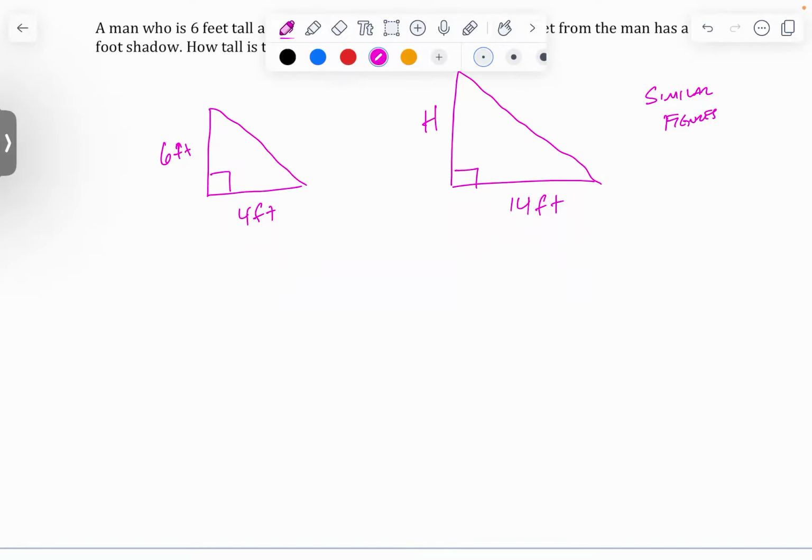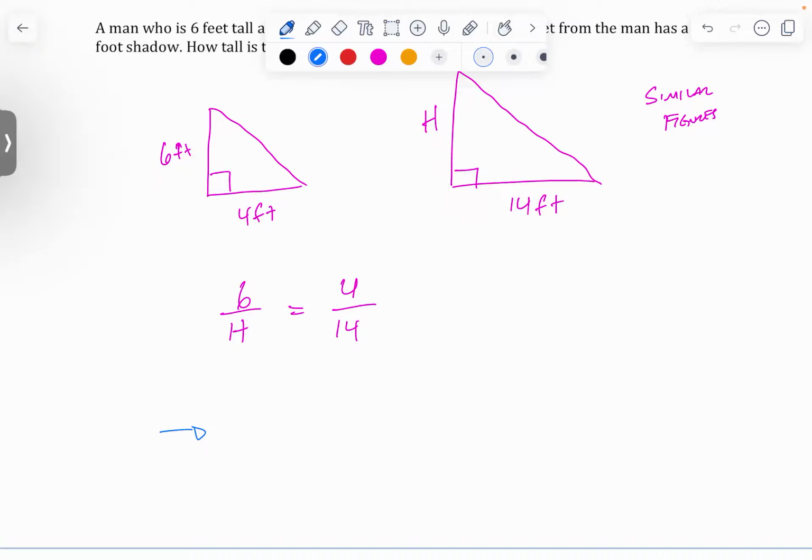And I can set up these ratios. 6 over h equals 4 over 14. Now, be aware, you can set it up as h over 6 and 14 over 4, as long as you keep that consistent. It is definitely not 6 over h and 14 over 4, so don't crisscross them. In order to solve this, what we are going to do is cross multiply though.